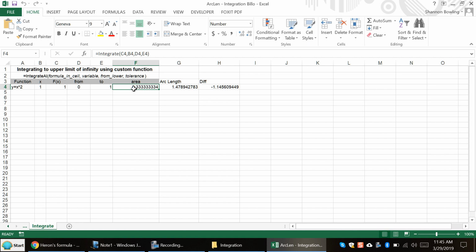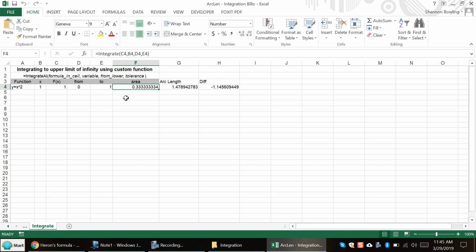With the function that I referenced below and then modified, we can calculate the area using this integrate function, right? So we integrate C4, which is the actual function itself, with respect to B, this variable here, from the limits 0 to 1.